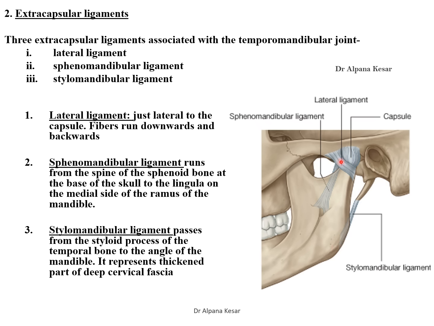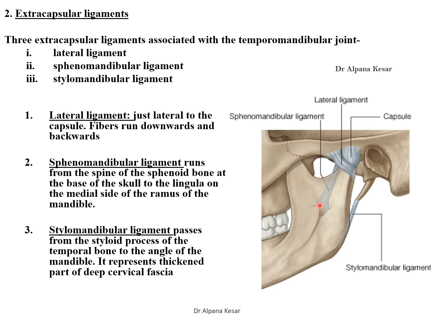The lateral ligament is called so because it is present just lateral to the joint capsule. Its fibers run downwards and backwards. This is the ligament that adds maximum stability to the temporomandibular joint.